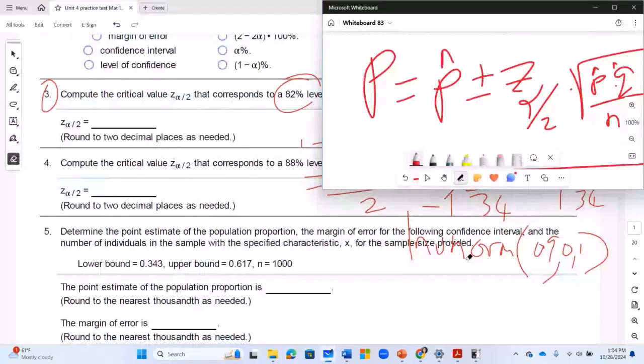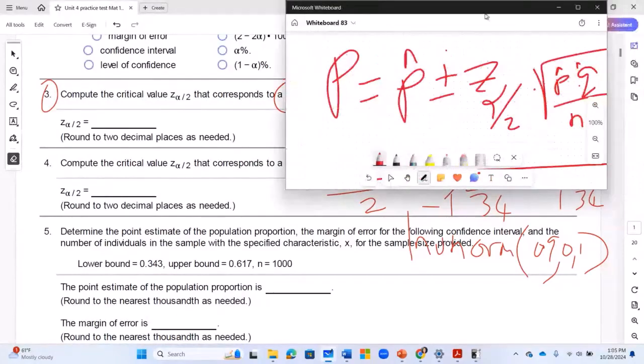I am given everything that I need, lower bound and upper bound. The lower bound is 0.343.